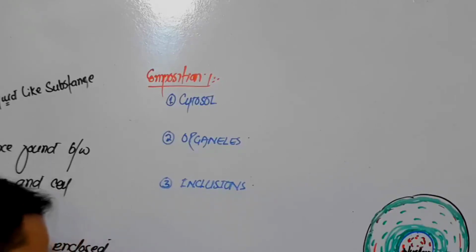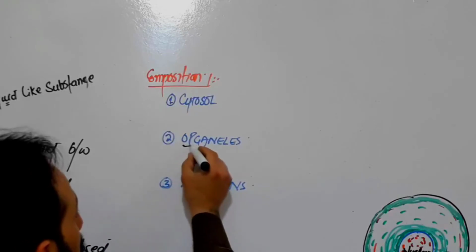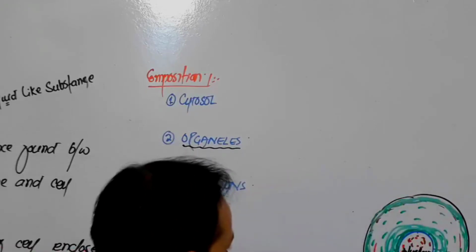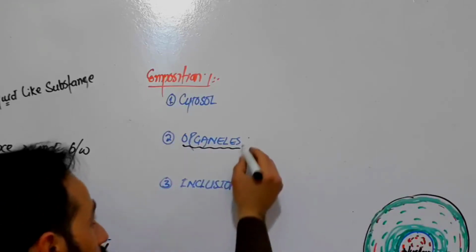First of all, we should know that there are cytoplasmic organelles which live inside a typical cell. And what are those?